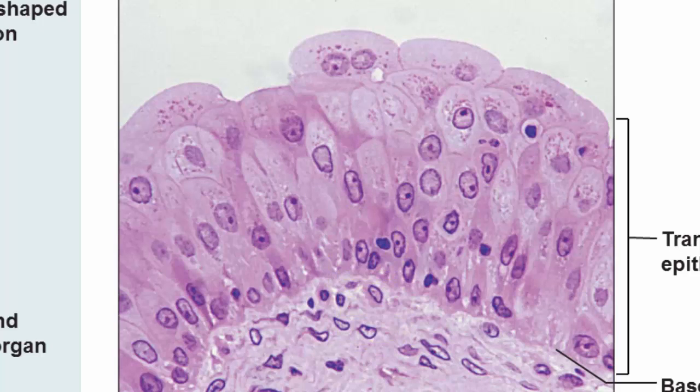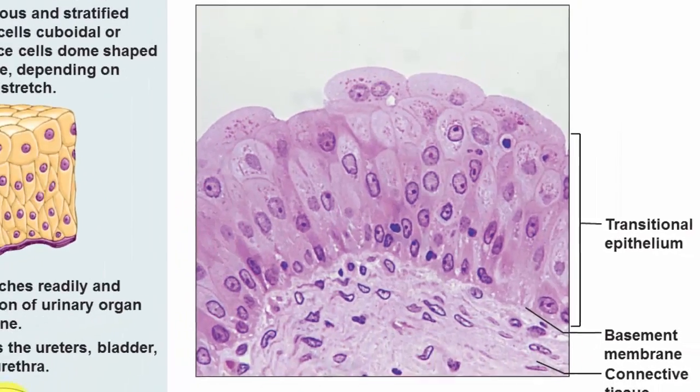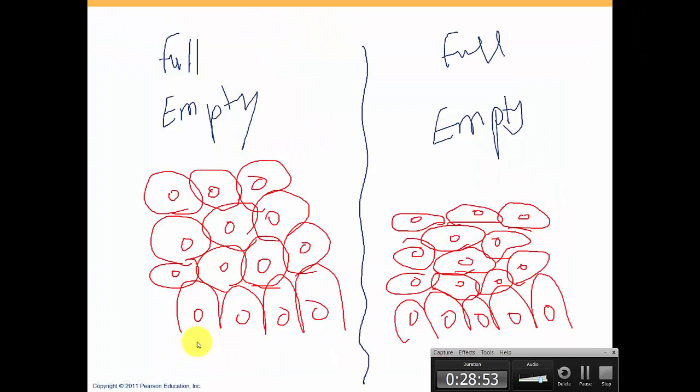Why is this called transitional epithelium? Because this epithelium is actually in transition. It changes its shape. So unlike all other kinds of epithelia, this one changes its shape based on the state of the urinary system. So let's see.